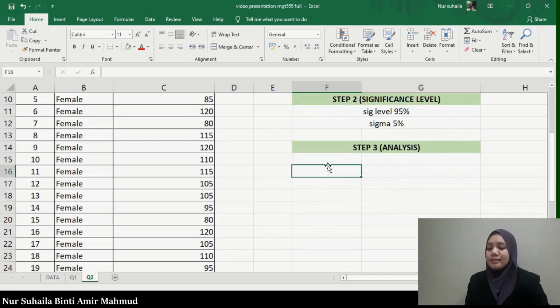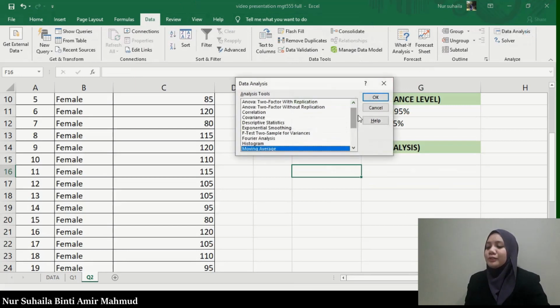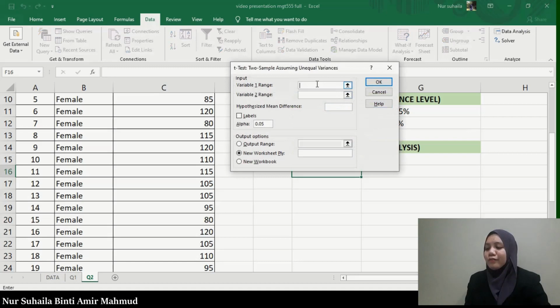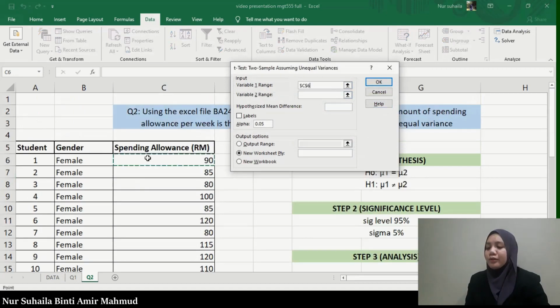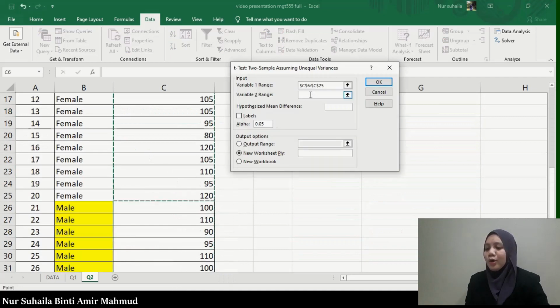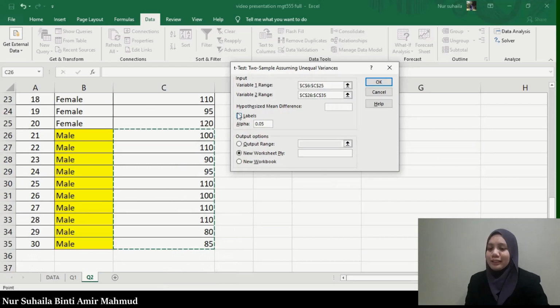Next, the third step is analysis. We need to click Data and go to Data Analysis. Then choose t-test two-sample assuming unequal variance from the options. For the variable first range, we include the spending allowance for female only, whereas for the variable second range, we use the spending allowance for male only.